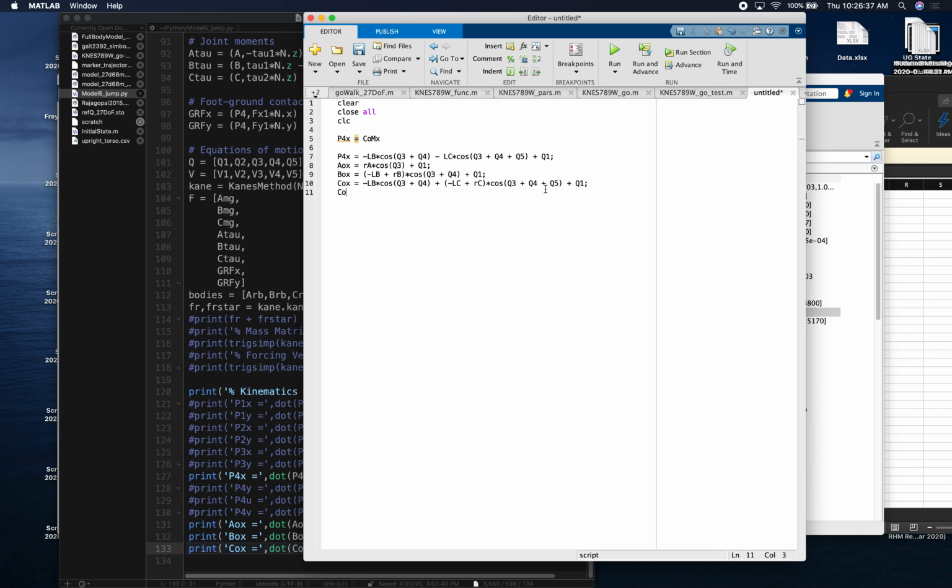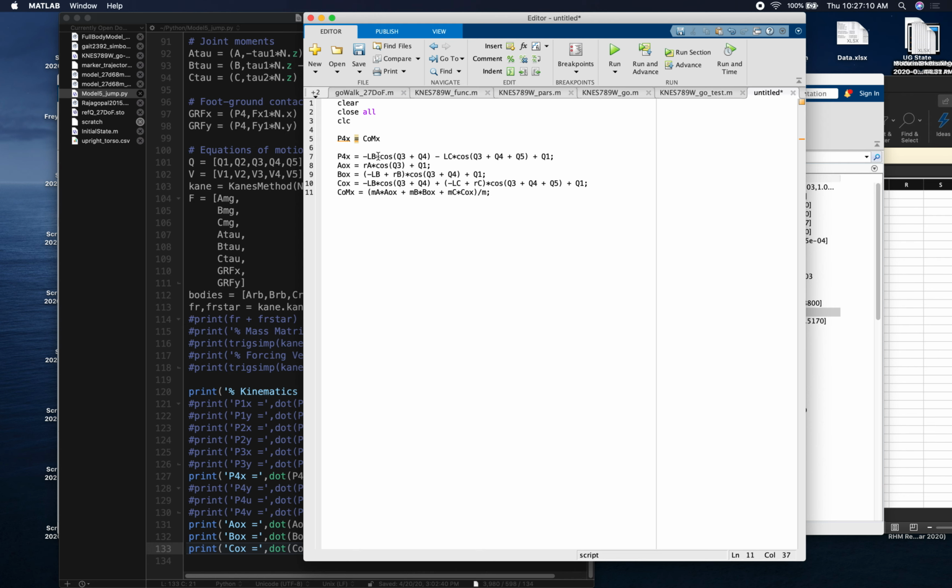And then my overall center of mass horizontal position of the whole system is the weighted average of those individual segment centers of mass. So it's going to be mass of segment A times horizontal position of segment A's center of mass, plus same thing for segment B, plus same thing for segment C. And then that whole thing divided by the mass of the entire system.